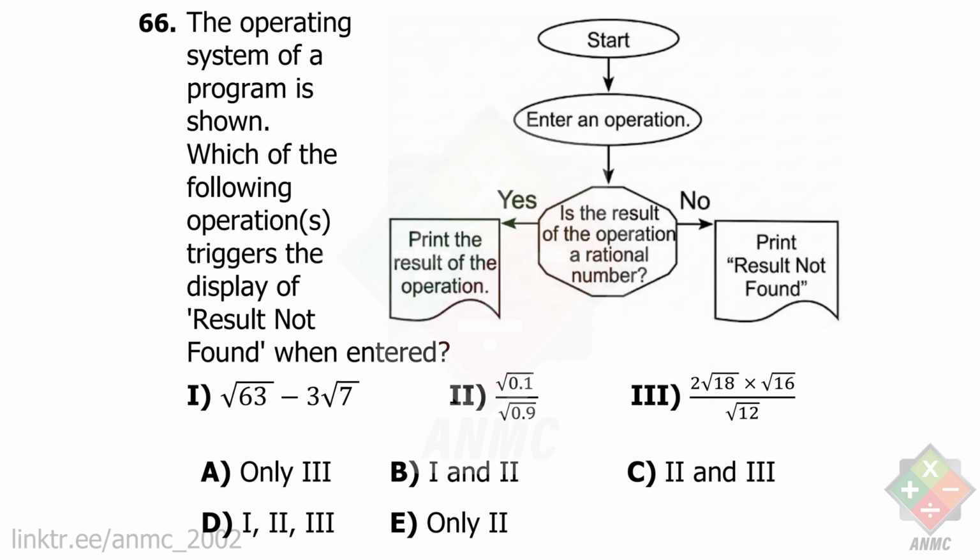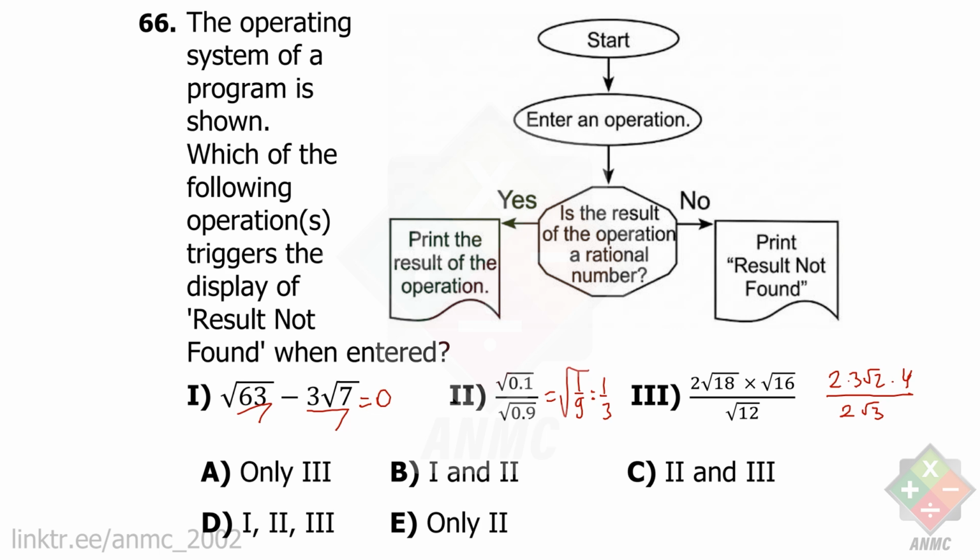In this question, we need to do calculations. Root of 63 is equal to 3 times root of 7. It is irrational. And the second one is related to root of 1 over 9, which is equal to 1 over 3. It is a rational number. 2 times 3 root 2 times 4 over 2 times root 3 is not a rational number. It is an irrational number.